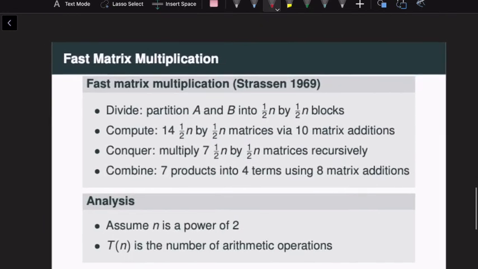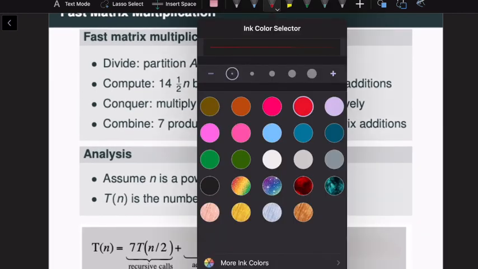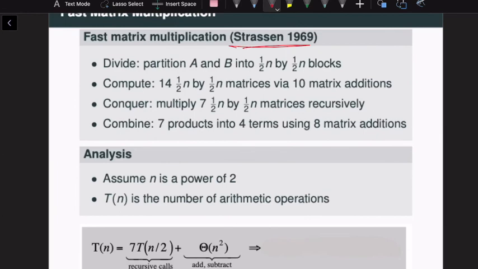So this approach is exactly what Strassen came up with in 1969, and this is one of the fast multiplication algorithms. What we do is divide the matrices into those blocks.